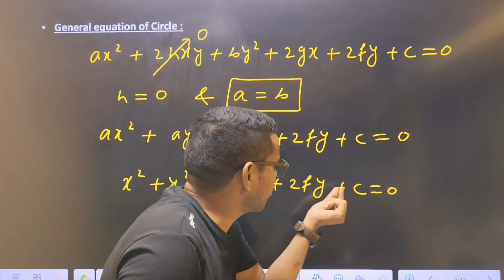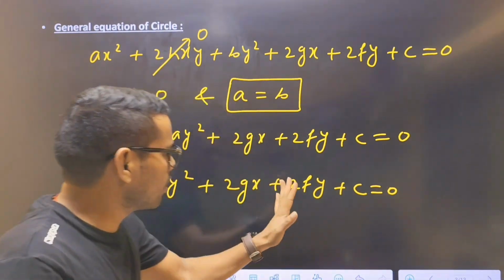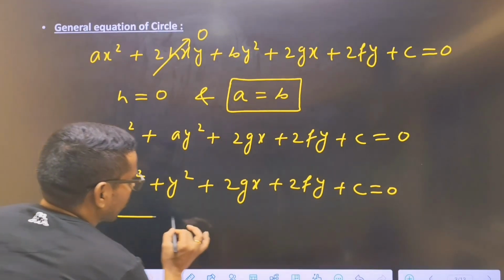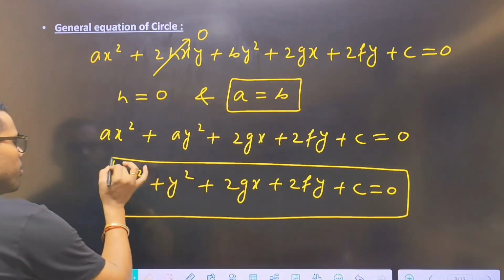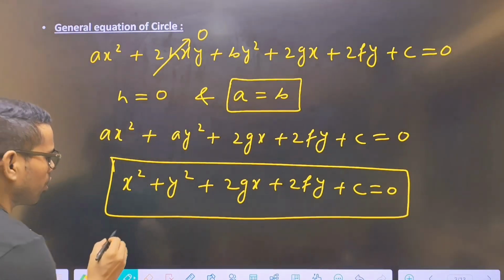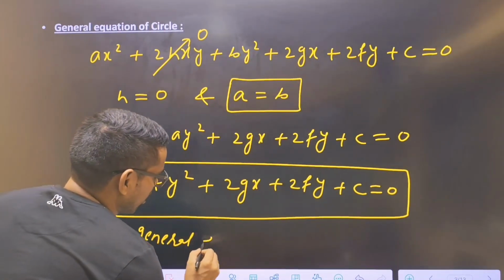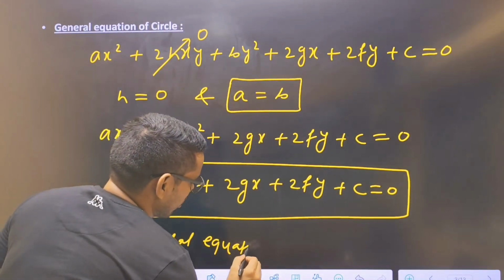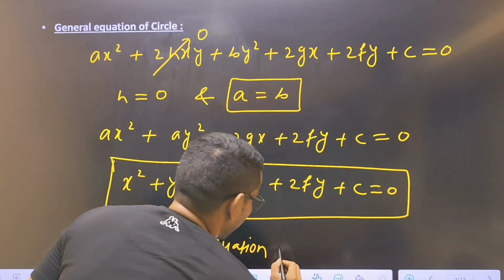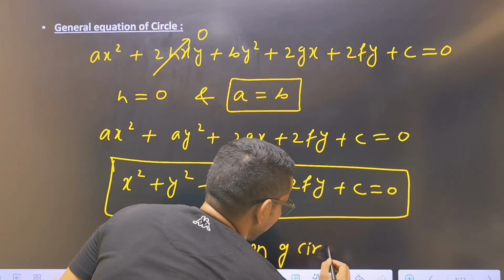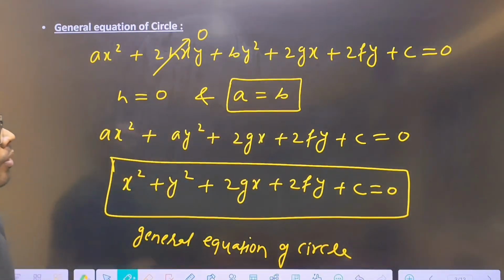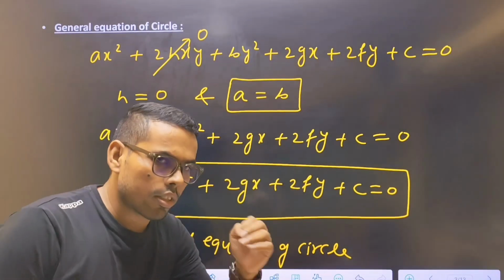Now, g, f, c are constants, so don't worry about the symbol. g, f, c are any real constants. So this is the general equation of a circle.